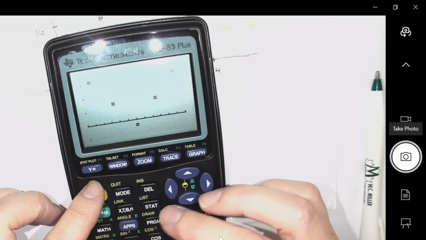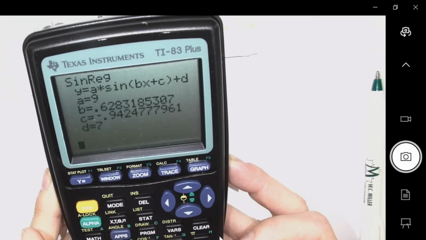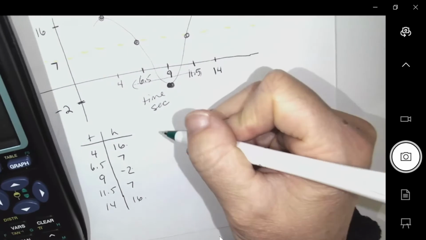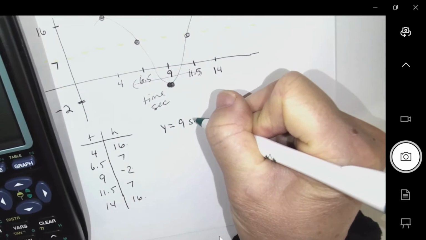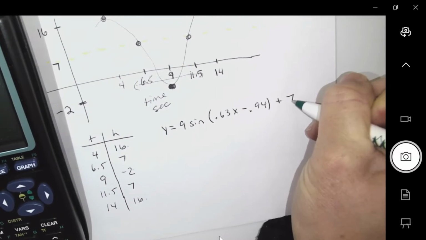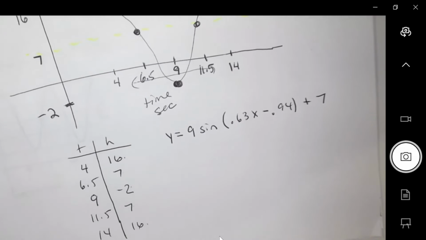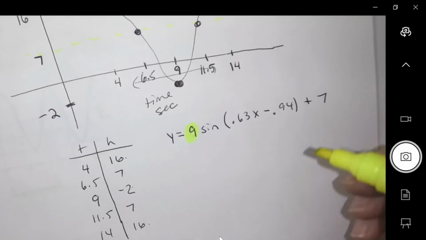Okay, so we're going to go stat calculate the sine regression, get an equation. Some of these numbers look familiar.